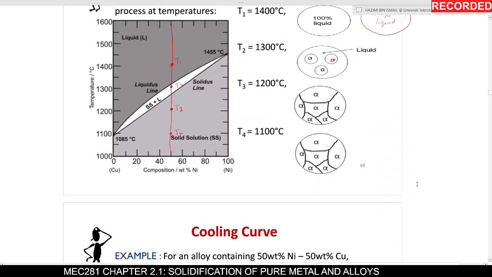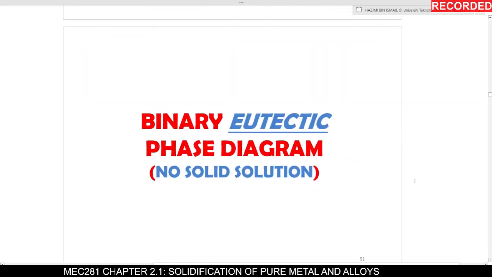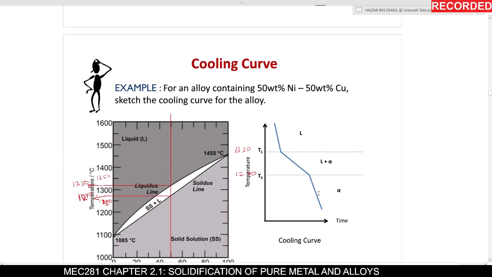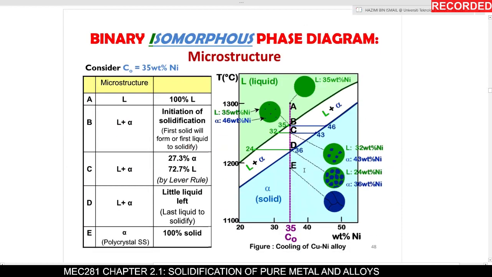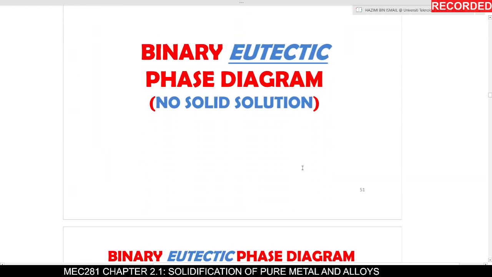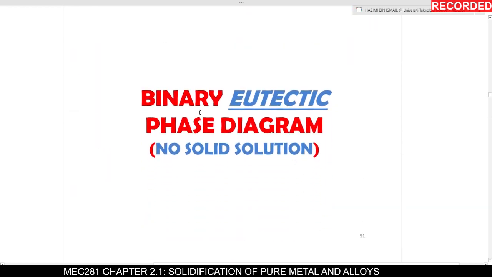So right now we are going to learn about the binary eutectic phase diagram. In the last video we had the isomorphous phase diagram. For this video we have to learn the eutectic phase diagram with no solid solutions.